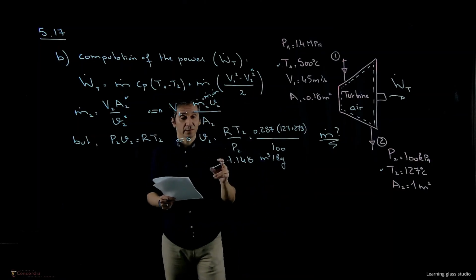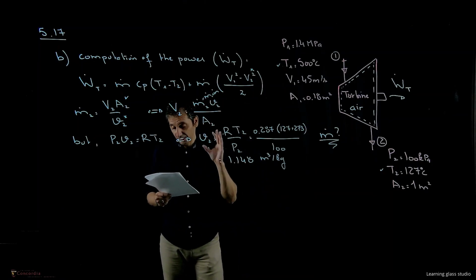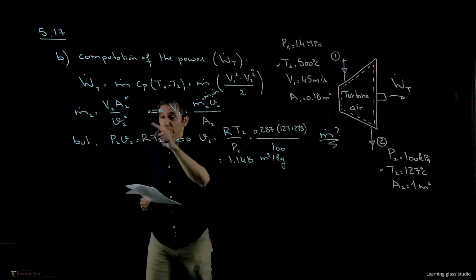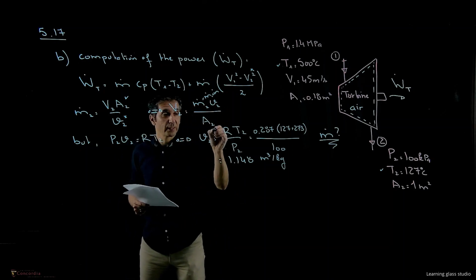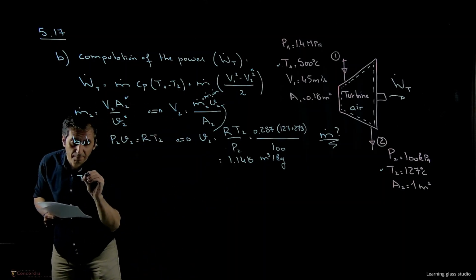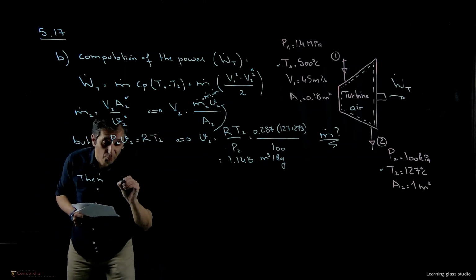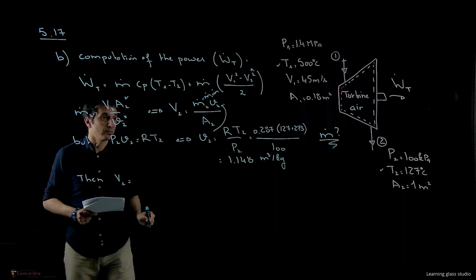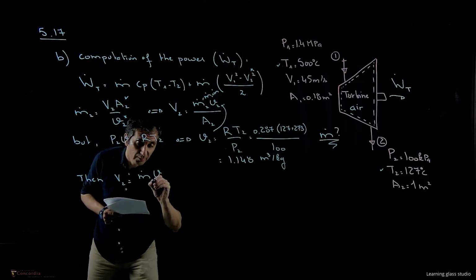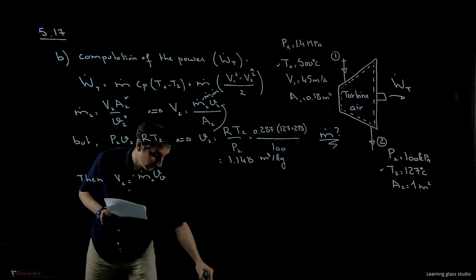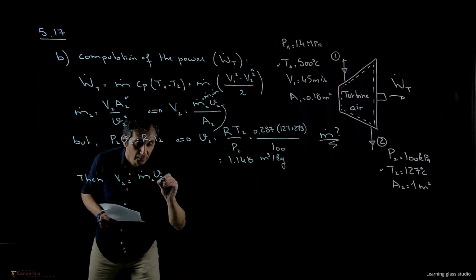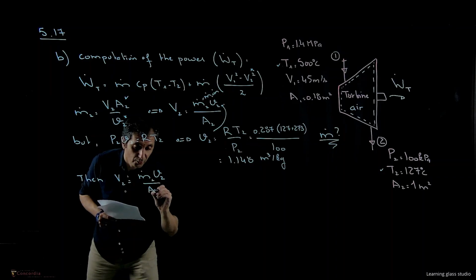You will see that basically it's higher than v1. There's an expansion process here. So now that we have this v2, we can plug it here. Our velocity V2 in this case is equal to m dot times v2 that we just calculated over A2.